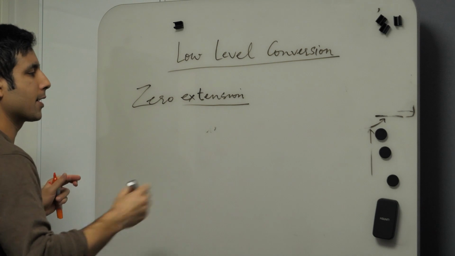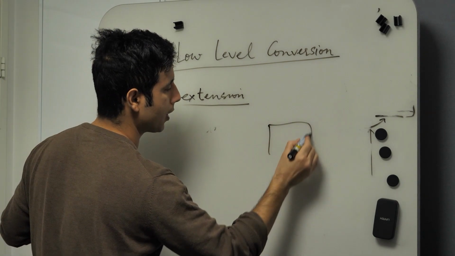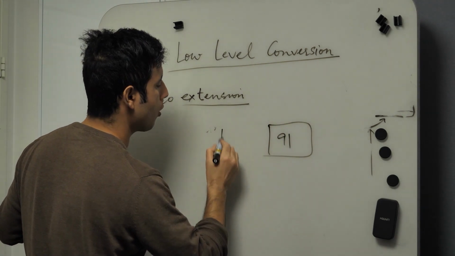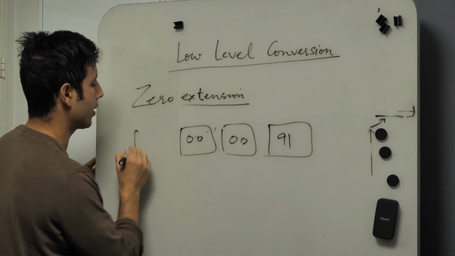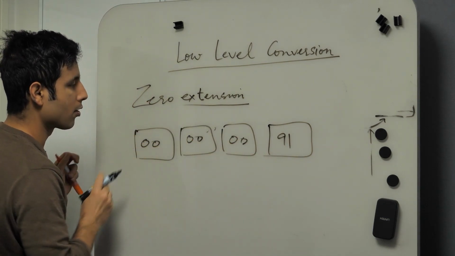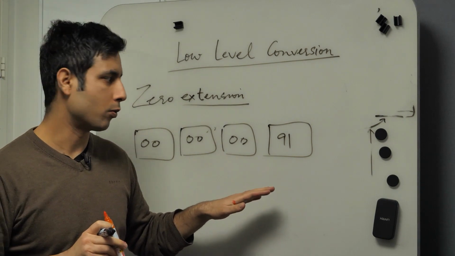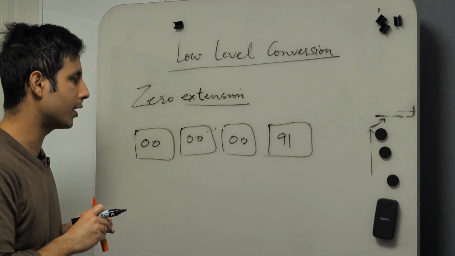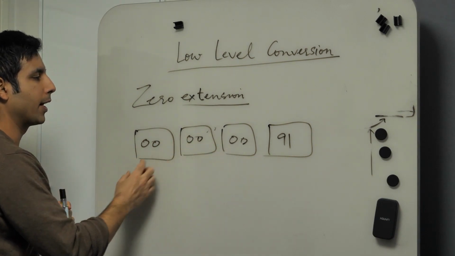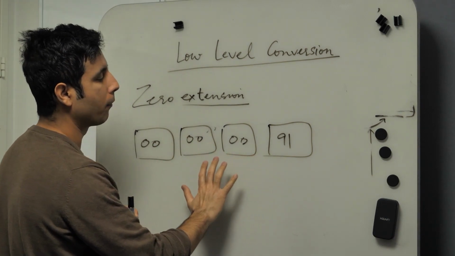Because it's an unsigned type, it is padded with zeros, and this is called zero extension. This is a lossless conversion where the value remains the same, but we just put zeros in the preceding bytes. So in memory, we'll have 4 bytes.